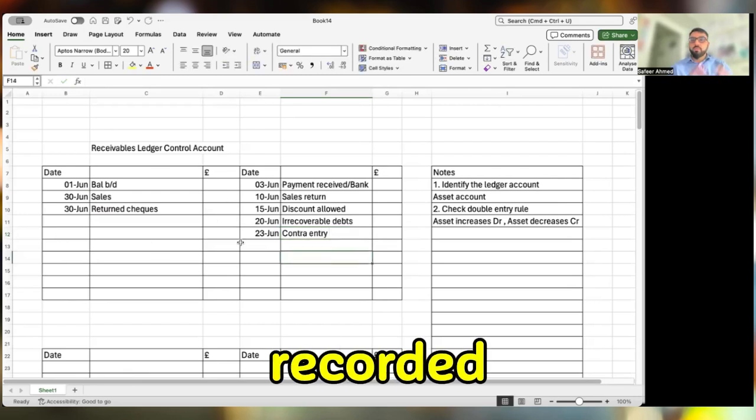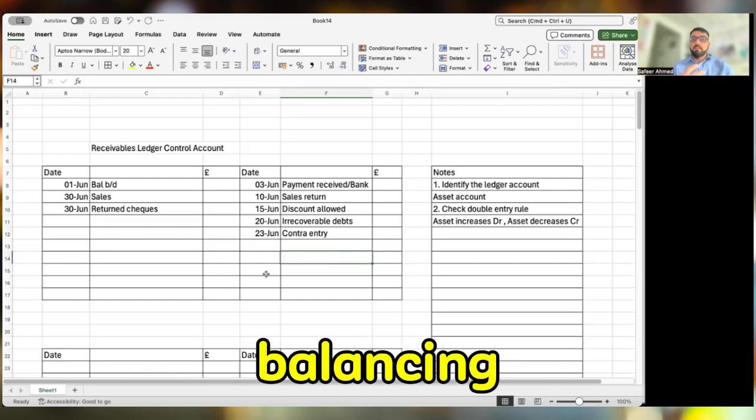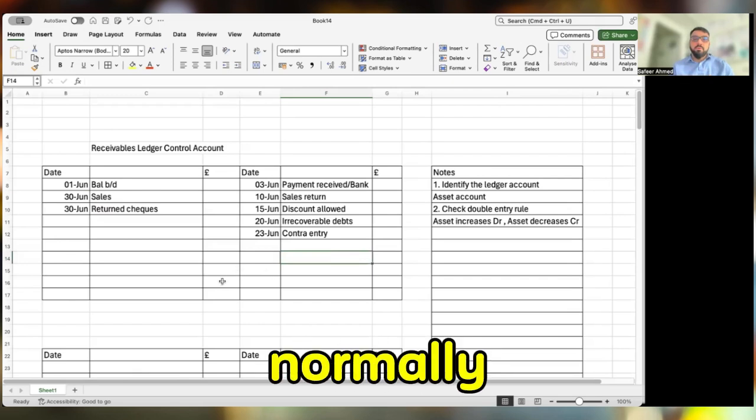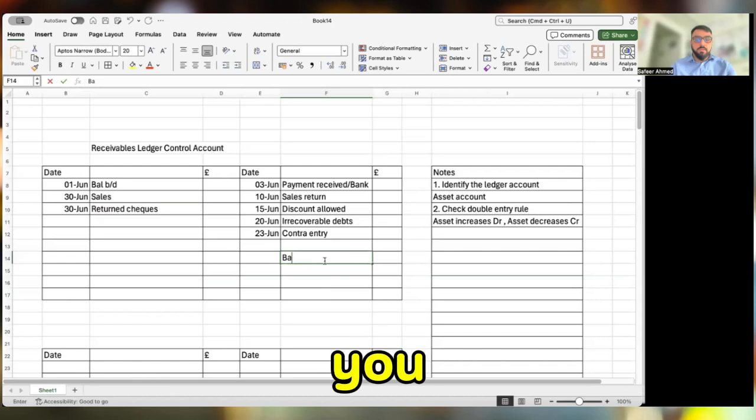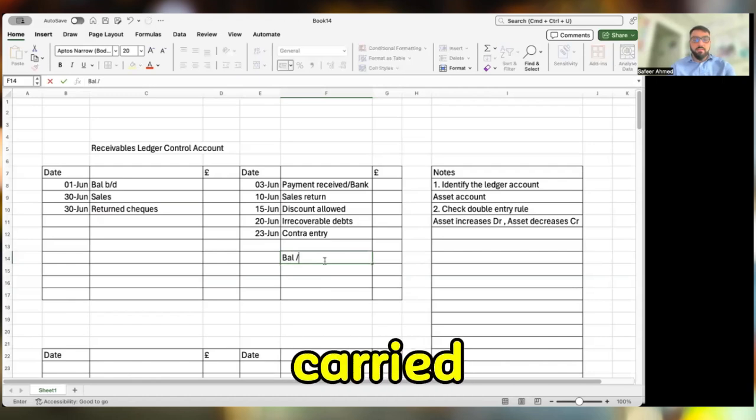Once you have recorded all the debit and credit entries, remember you will simply be balancing the ledger. Normally your higher side will be the debit side, and then that amount will go on the other side as well. And remember, here you will have balance carried down, or balance carried forward, as they use that word as well.